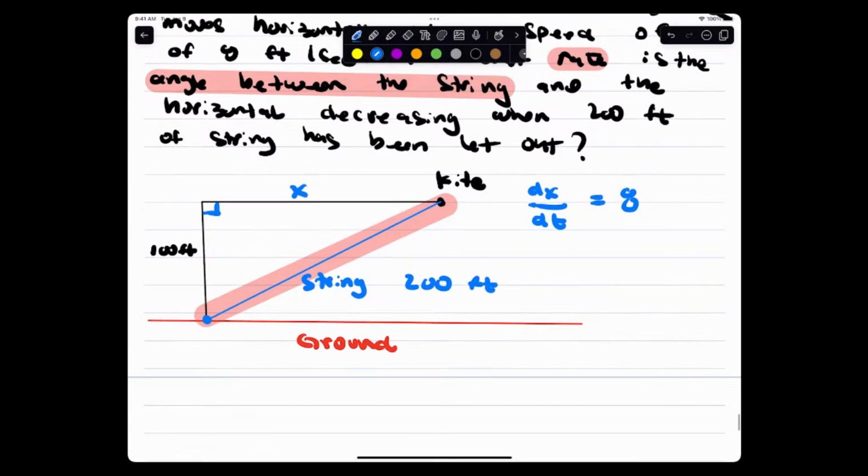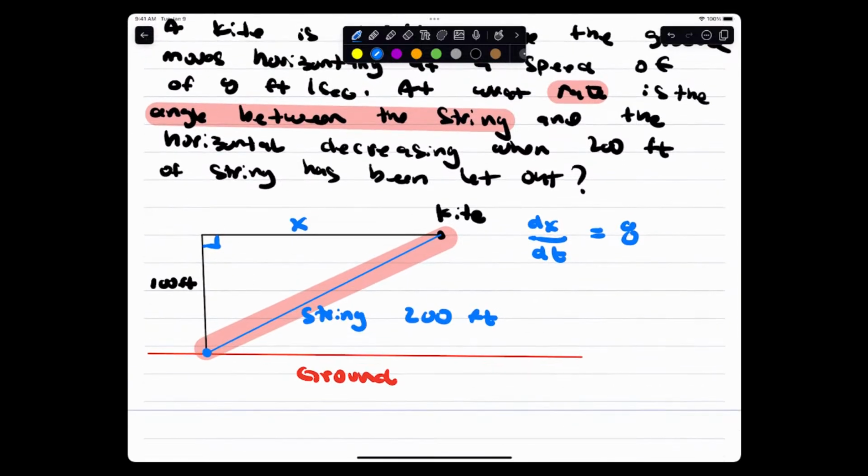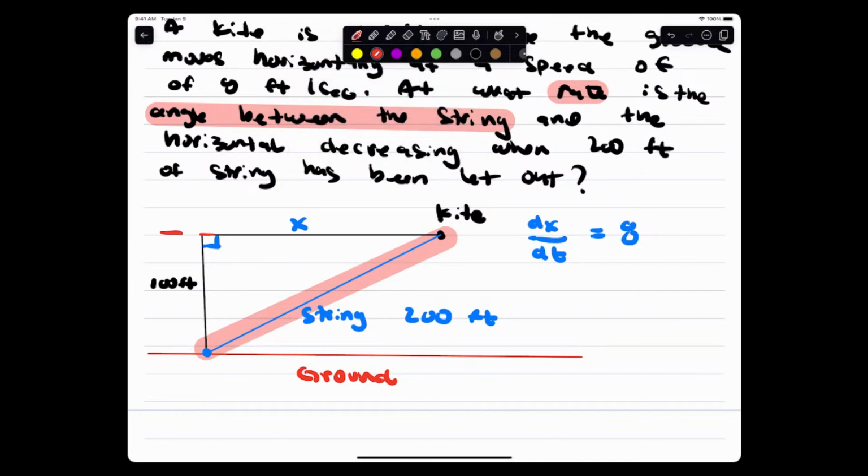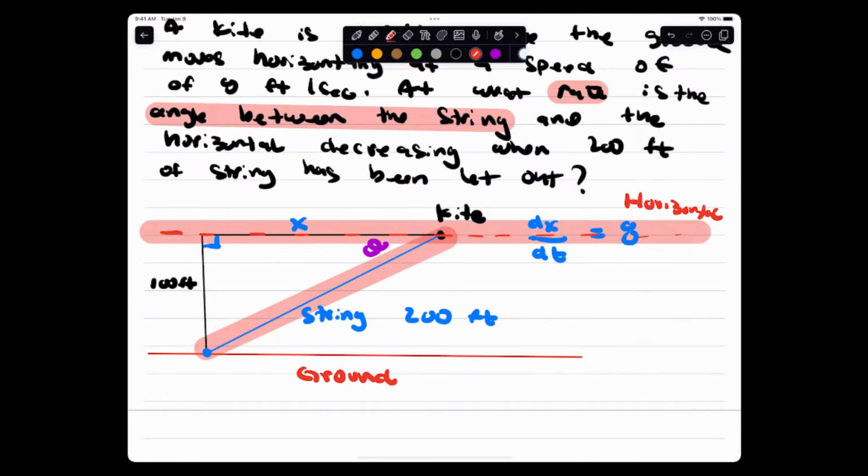And where's the angle? Where is the horizontal? Do you guys know what they're talking about with the horizontal? The horizontal, ladies and gentlemen, is actually here. It's that path. This is that horizontal. So they're saying really that this is the angle theta, the angle between the string and this horizontal. All right.